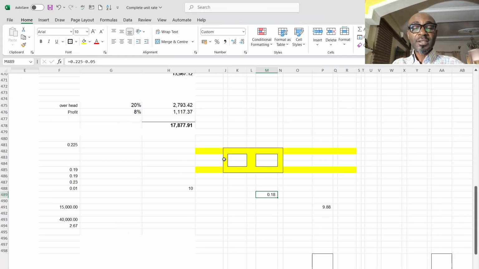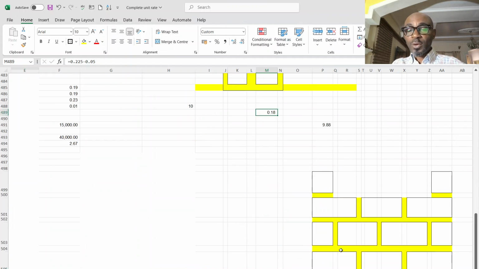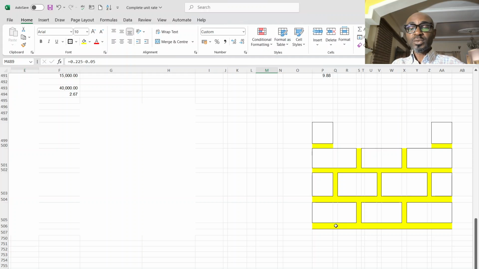I counted these edges, 1, 2, 3. In the whole of this place, I got 32. How did I get 32? In each full block, you have 3: one here, one here, one here, and another one here, here, here. For the half block, you have 2: 1, 2, 1, 2.